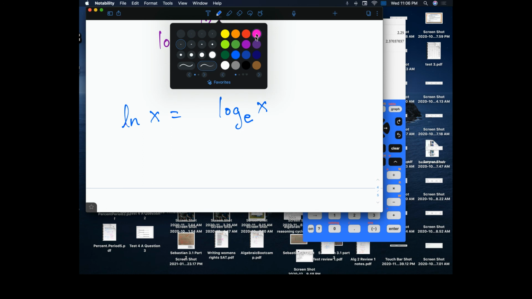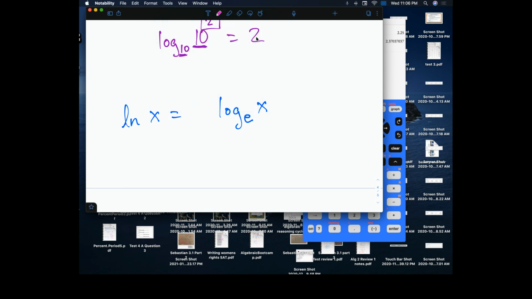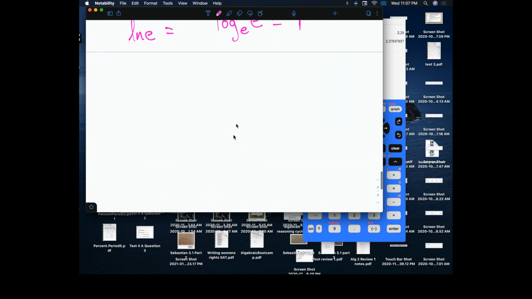So if I give you, for example, the natural log of e, this means it's log base e of e to the 1, right? e is e to the 1. So if that's true, then what is this equal to? This is just equal to 1. Okay, so we need these properties in order to solve the problems we're going to deal with. And so now let's deal with some of these problems.